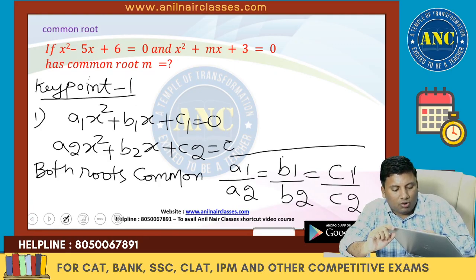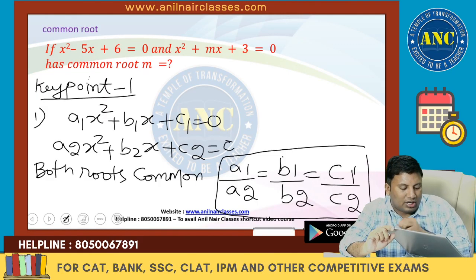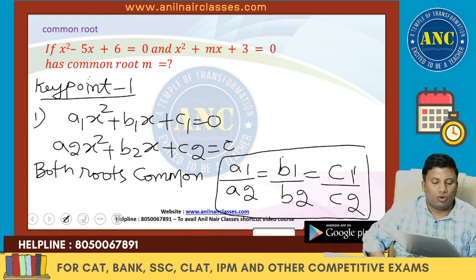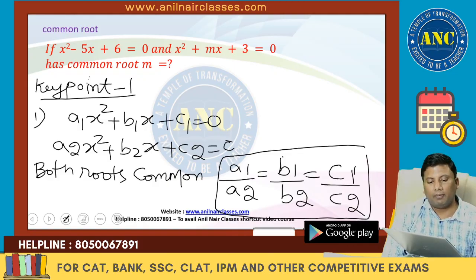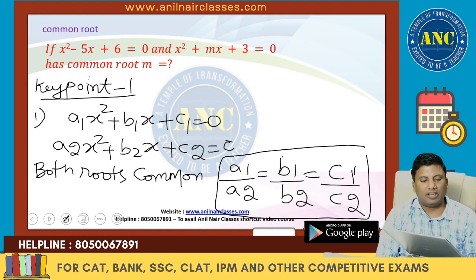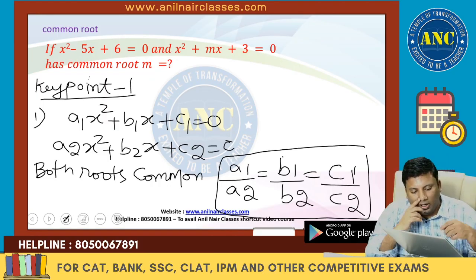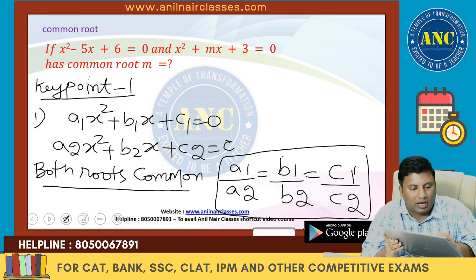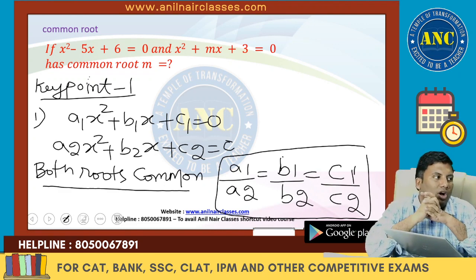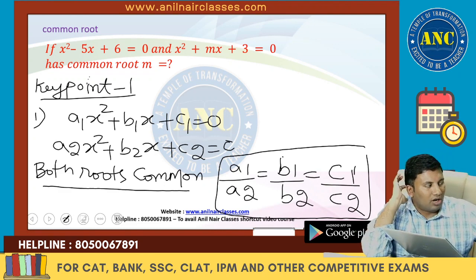If both the roots are common, the condition is a1 by a2 equivalent to b1 by b2 equivalent to c1 by c2. Very important. If both the roots are common, the ratio of all these will be the same.